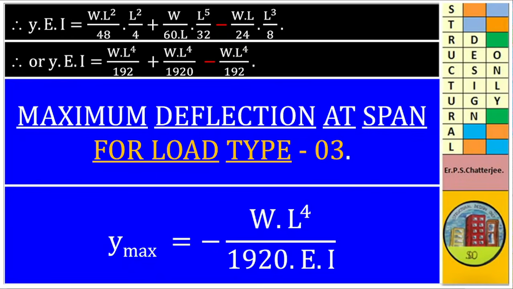So finally we have maximum deflection span for load type C. Y max is equal to minus w to the power 4 divided by 1920 EI. Yes, negative side indicates that deflection is downward.